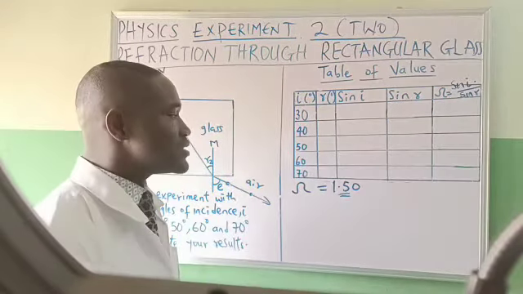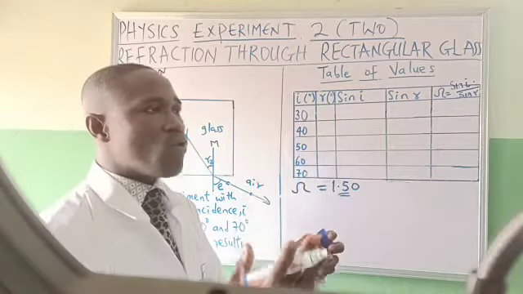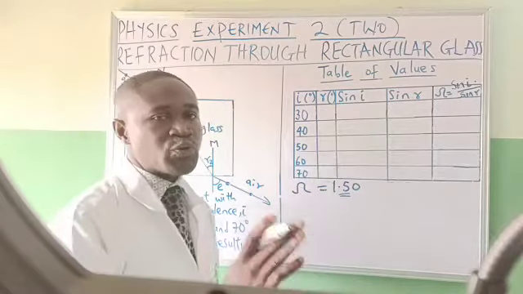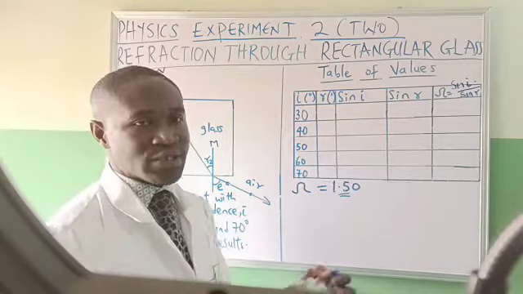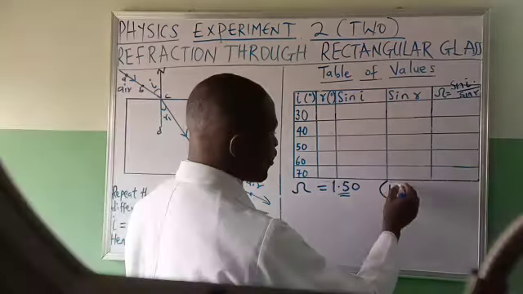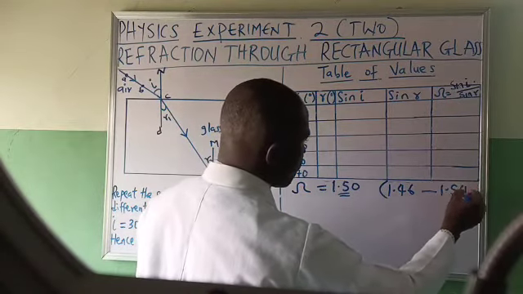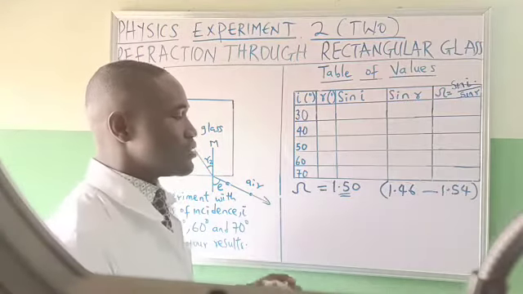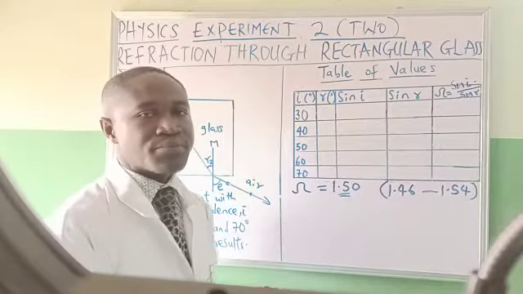If everyone were to perform this experiment, it's possible we will not get exactly 1.5, but there is always a range. The range could be between 1.46 and 1.54. This is the range we can have, and it will still be acceptable.